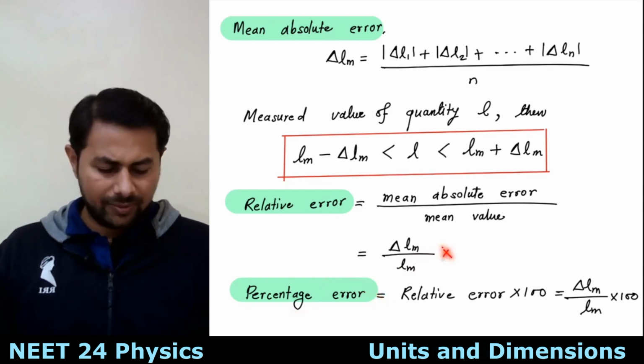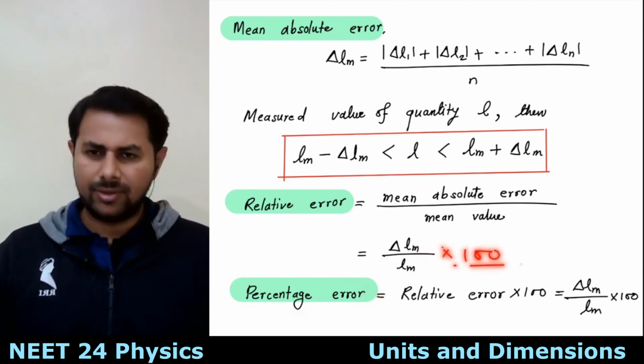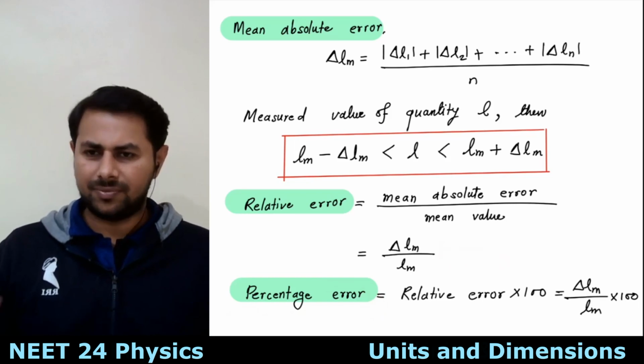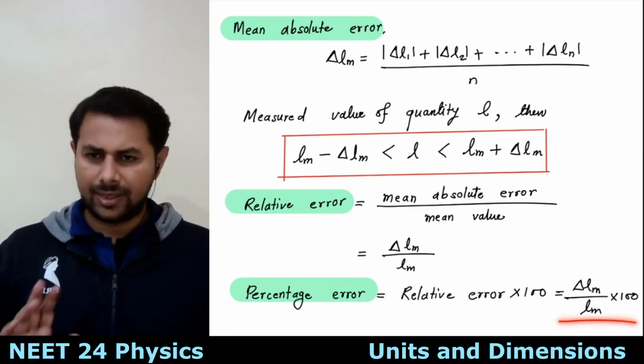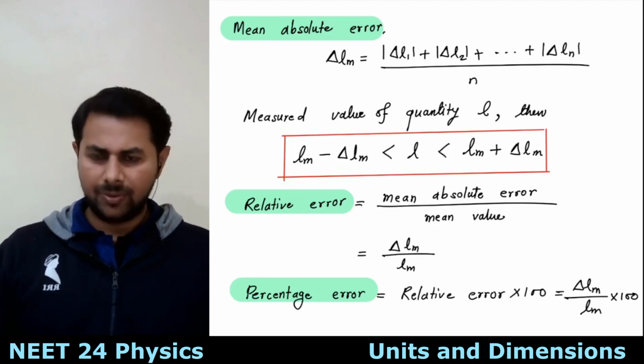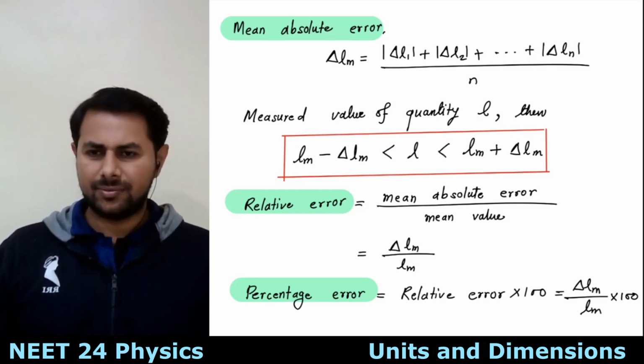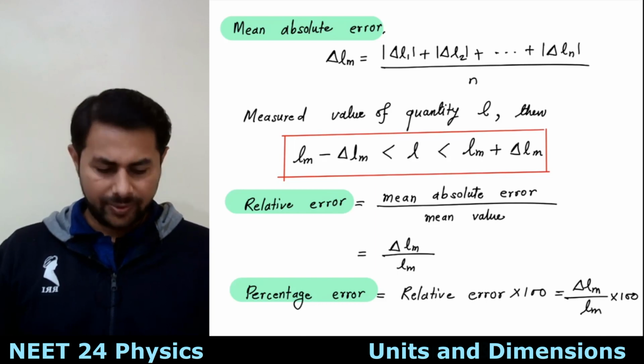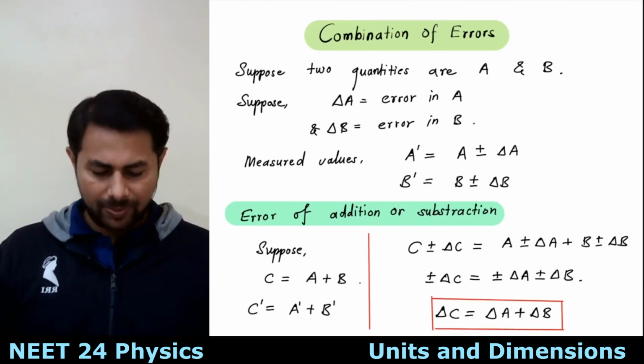Just multiply relative error by 100 and you get the percentage error. Okay, that is percentage error. So any confusion in these definitions? No, sir. Okay, everybody? No, sir. Good. Let's see after that.